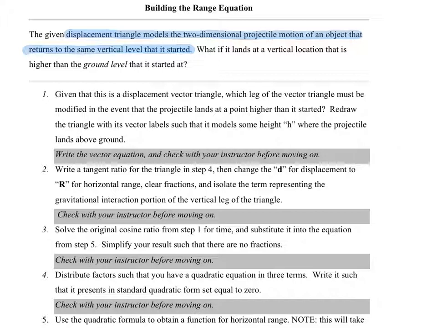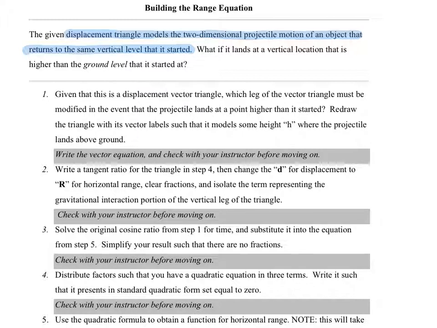You won't find that in any textbook that I know of, but the way that we're going to use this displacement triangle, we can get around that problem. And we'll show the easy way, which is using this tool, and then we'll show a more complicated solution to a problem where you don't get to use that and you have to equation hunt.